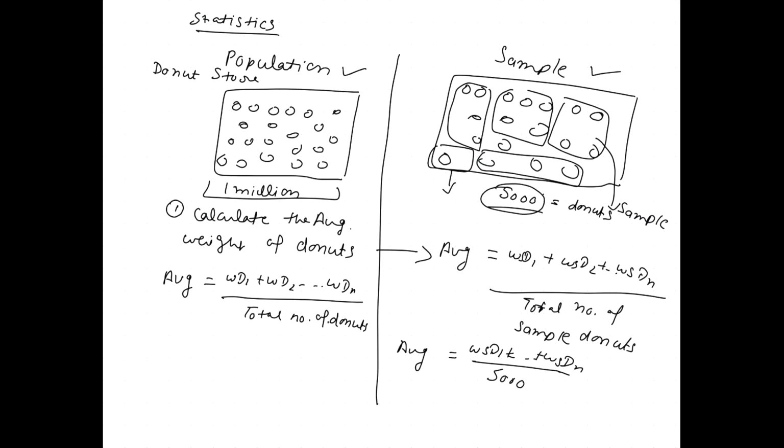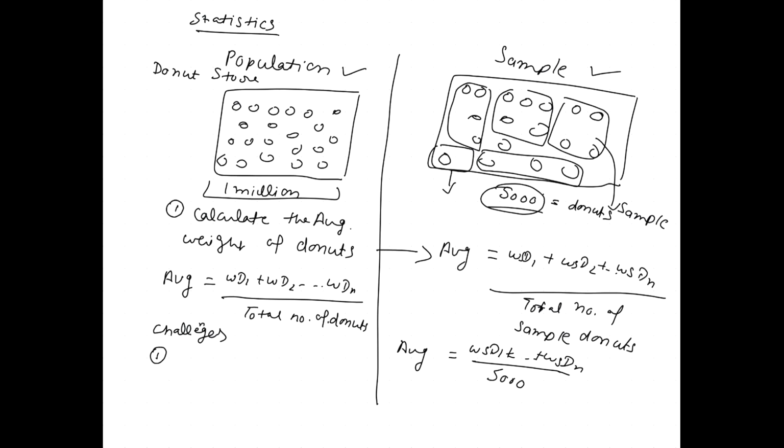What is the biggest advantage now? In the case of population, what challenges will you face if you pick up the whole entire data set? In this scenario, you are handling a massive amount of data.